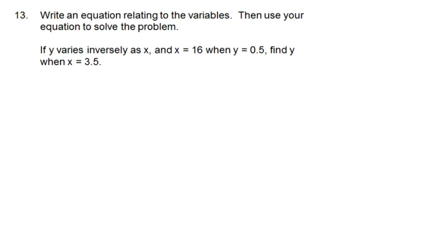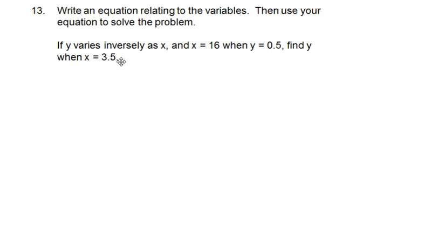13, write an equation relating the variables, then use your equation to solve the problem. If y varies inversely as x, so we just write this out, y is varying inversely as x, right? And so our constant of variation a, y equals a over x. So we can go ahead and plug in x equals 16 when y equals 0.5.